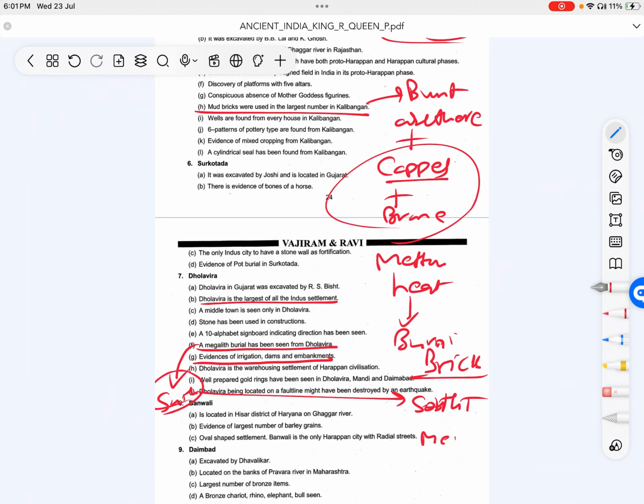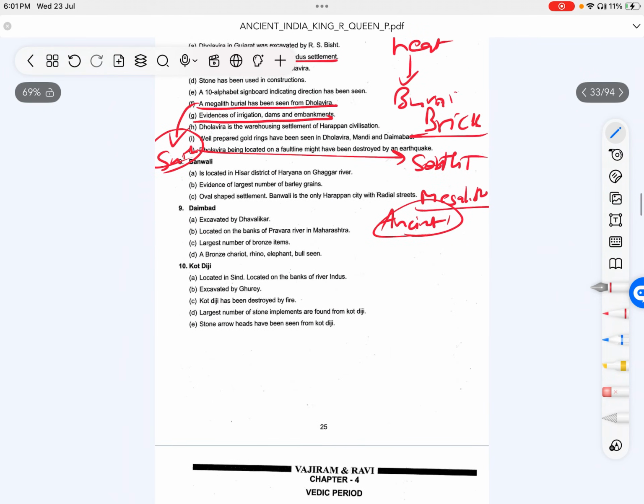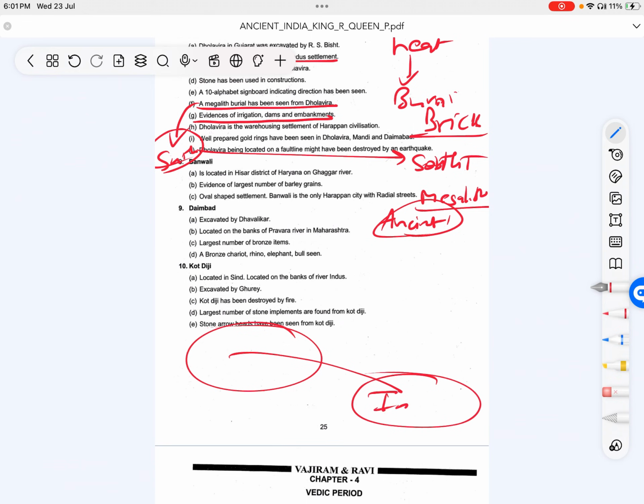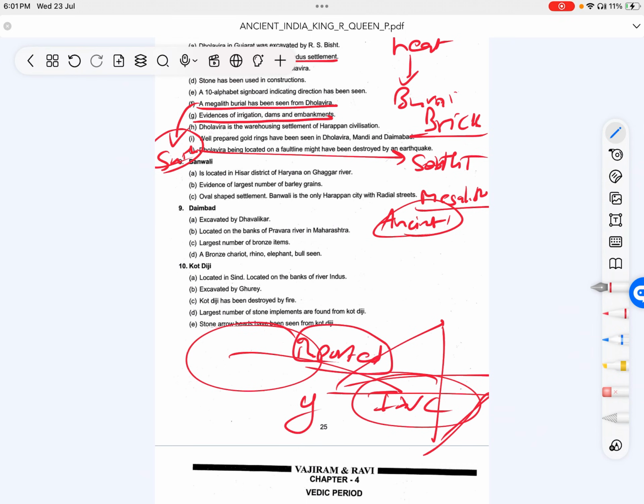So megalithic has its own history in ancient times. Then we have links from Mesopotamia to the Indus Valley civilization that you know. So we imported a lot of their goods and services too.